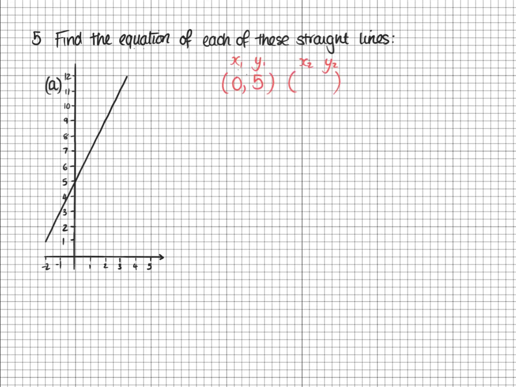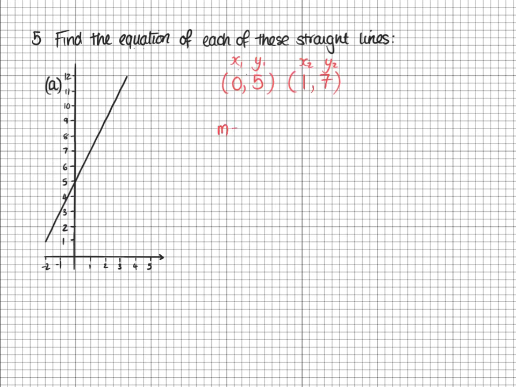And then at 1, that's as easy as anything, we're at 7. So we've got (0, 5) and (1, 7). Again, reminder, you can pick different points, but your gradient should always come out the same.